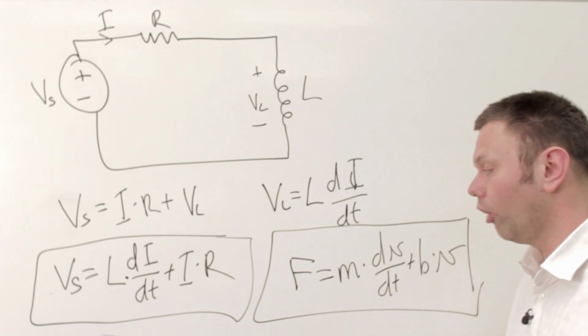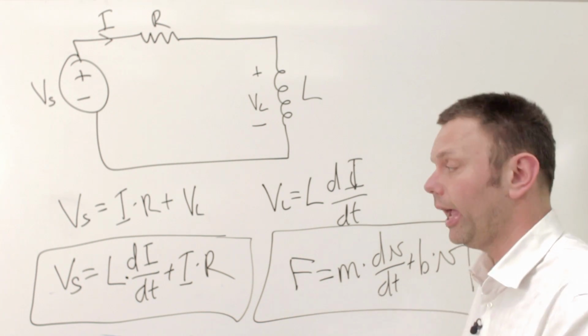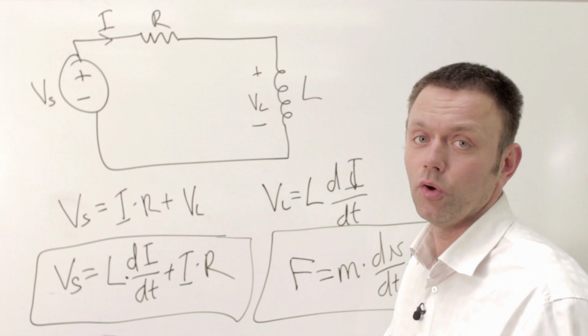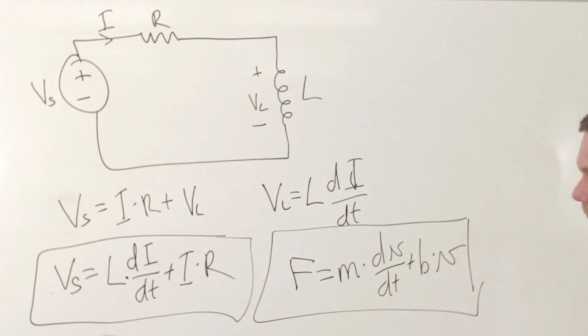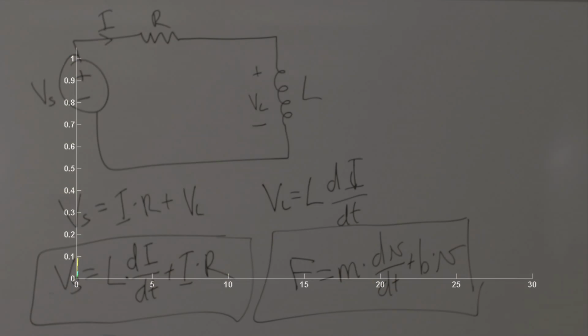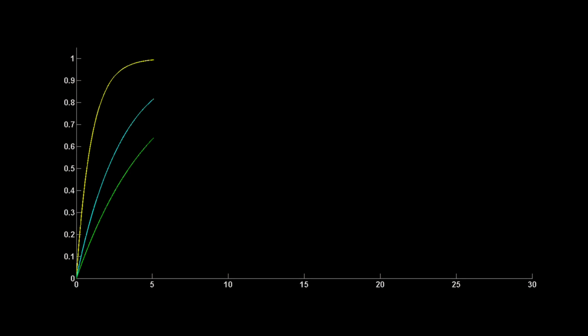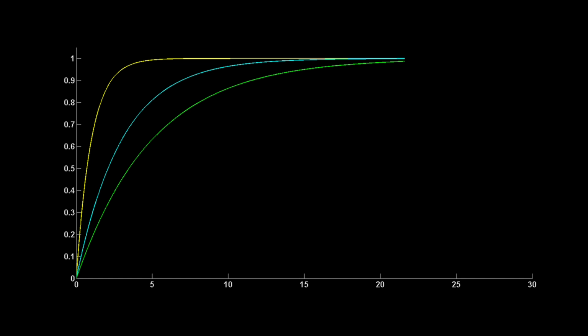The profile of the velocity on one hand and the current on the other hand will be exactly the same for both of these systems. The key observation here is that all these transient responses have identical shapes. They may be stretched or compressed in time or in amplitude, but they are all of the same shape.